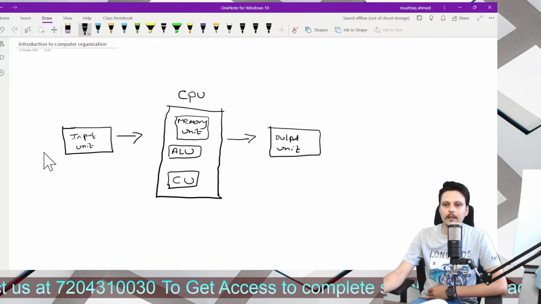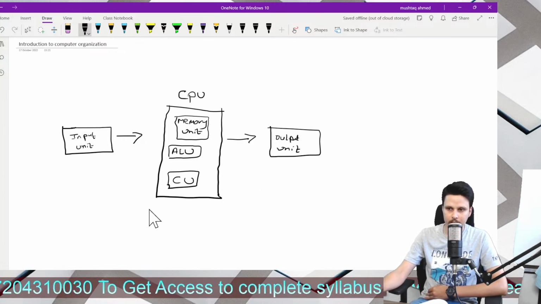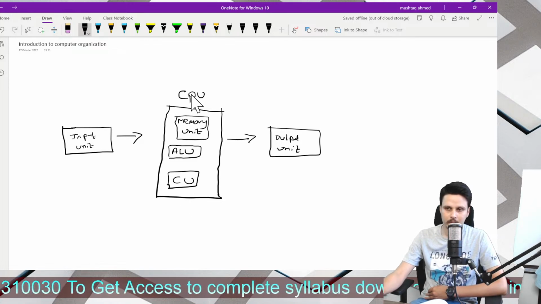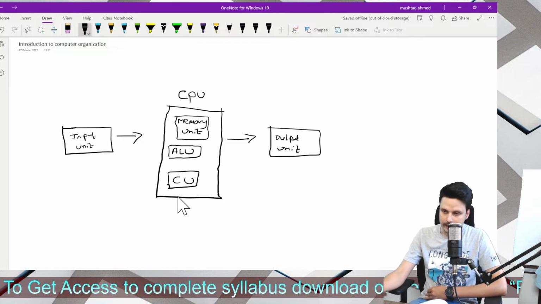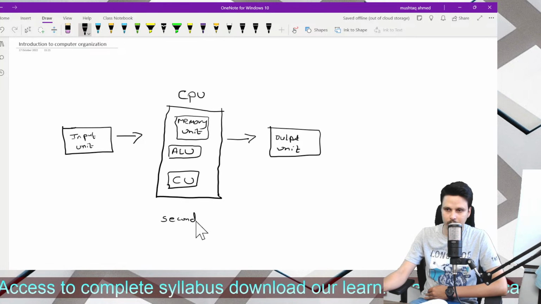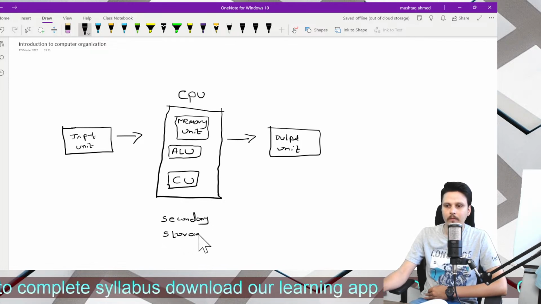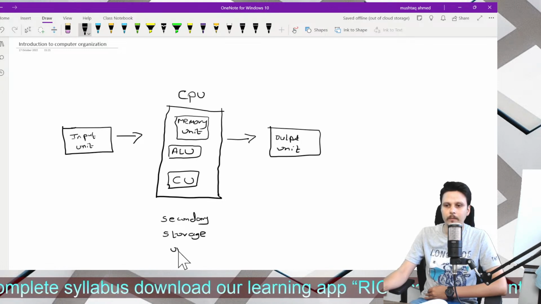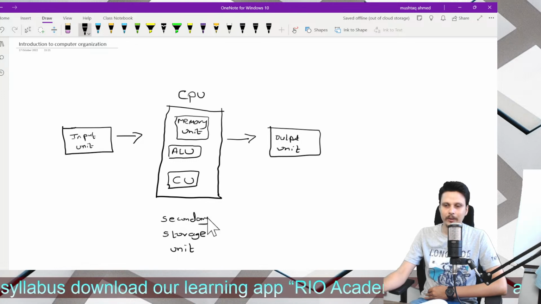So there are three units, that is input unit, output unit, and the central processing unit. We call it the secondary storage unit as well.